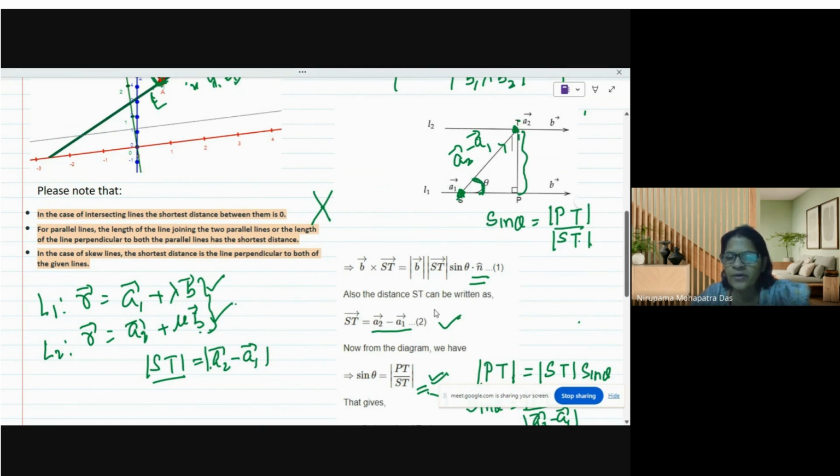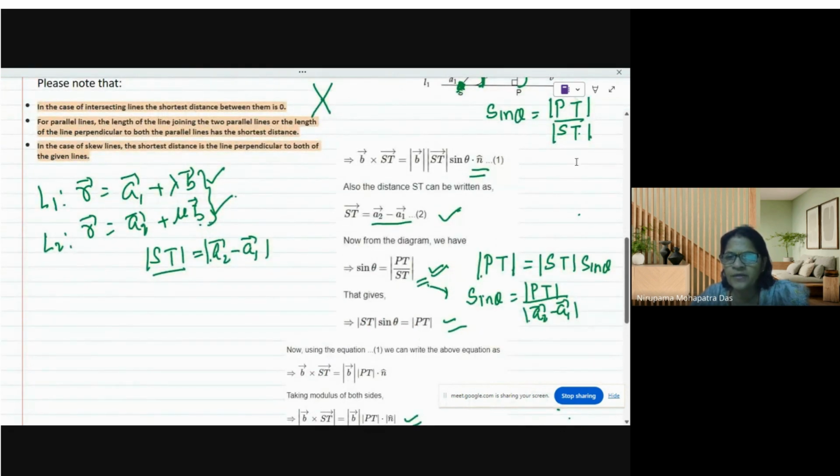Now here the distance ST can be written like this. ST equal to A2 minus A1, position vector of T minus position vector of S. Now here sine theta, as we just discussed, is magnitude of PT over ST. So PT is magnitude of ST into sine theta. Right?